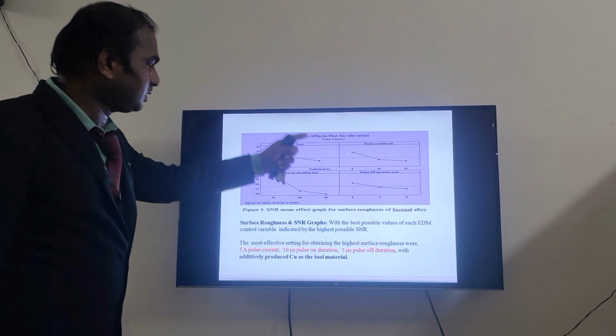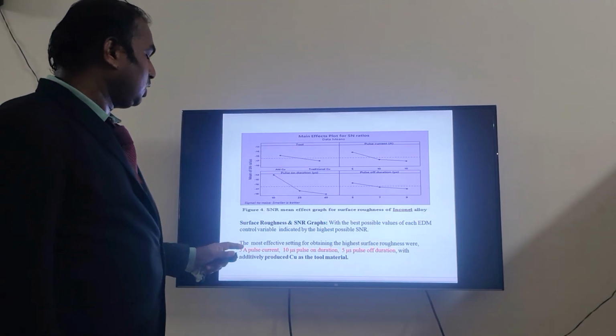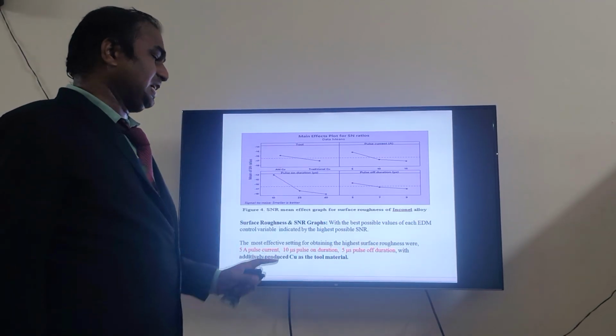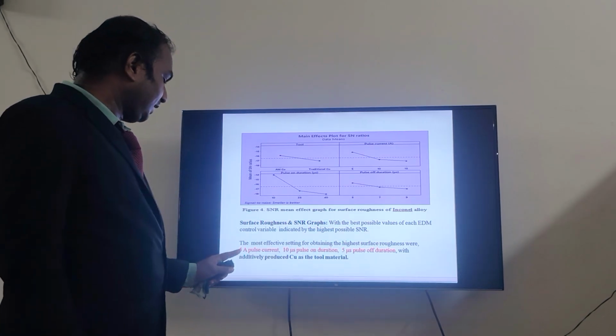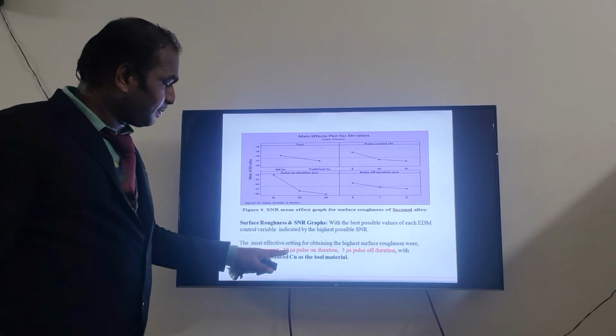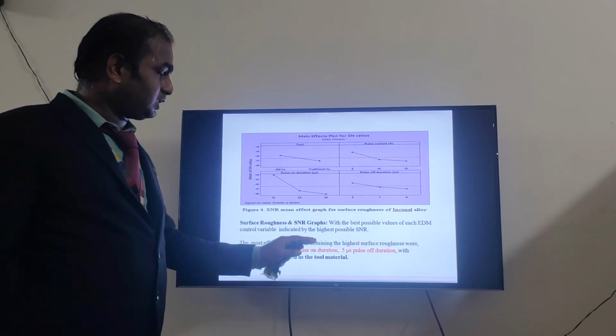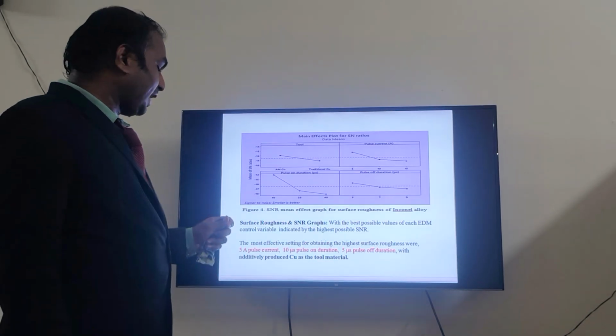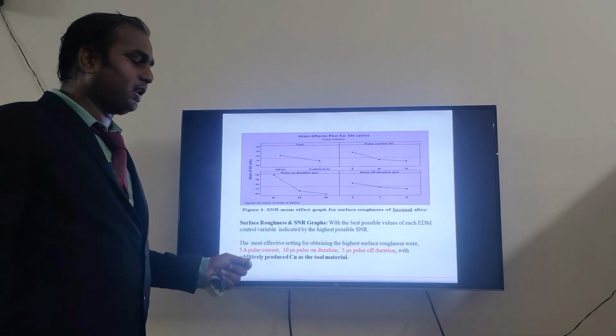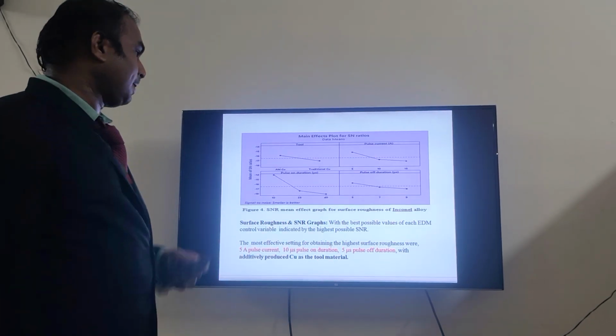In this graph, the most significant setting for the best surface roughness is 5 amps of pulse current, 10% pulse on duration and 5% pulse off duration, which was produced with the additive manufactured tool material.